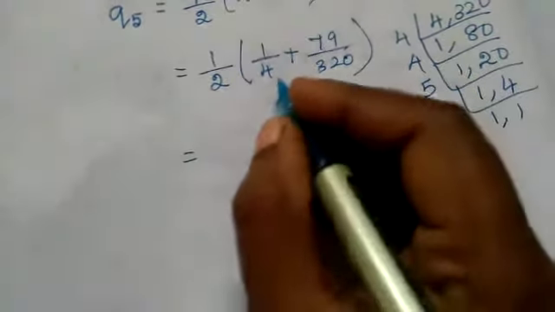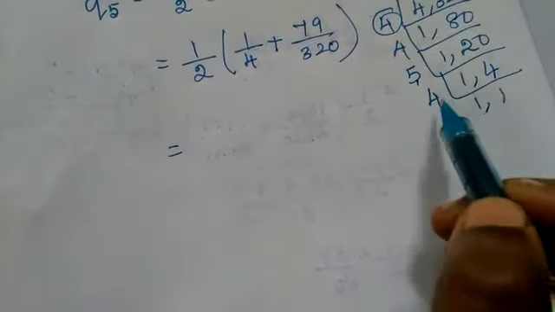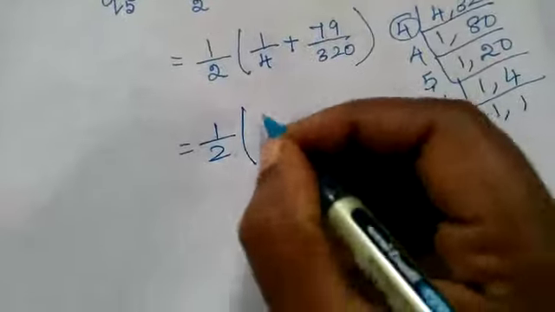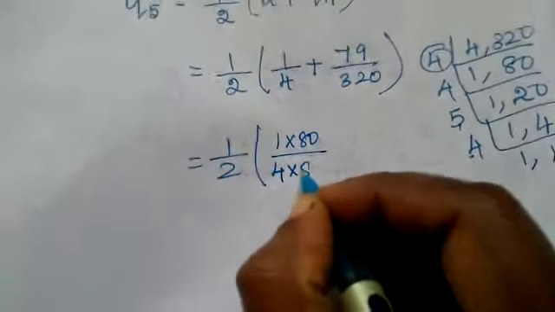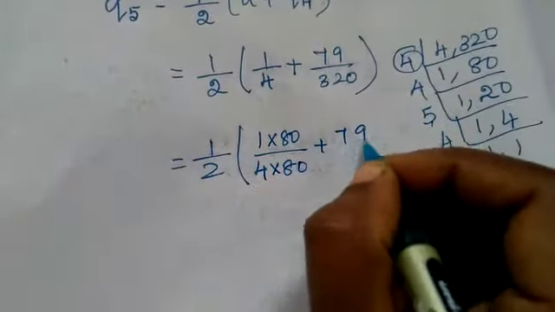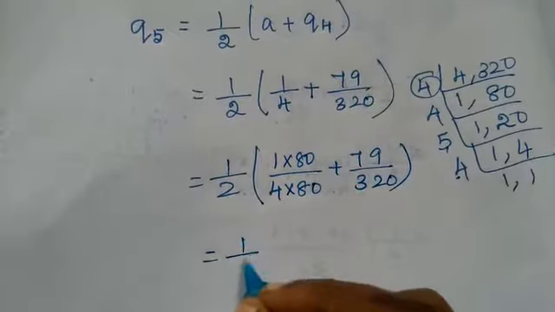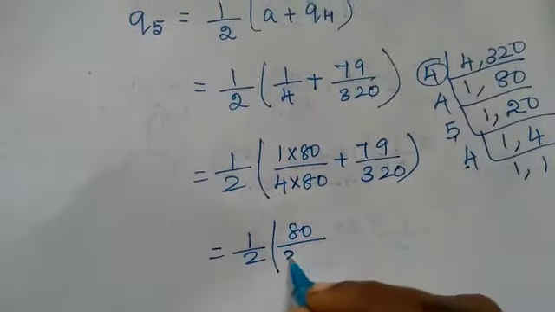Here 4 stays as it is. 4 fives are 20, 4 twenties are 80. You want to multiply 4 into 80 plus 79 by 320. Now half into 159.